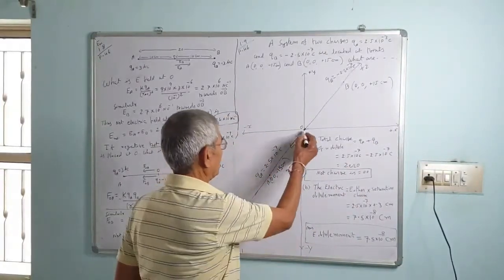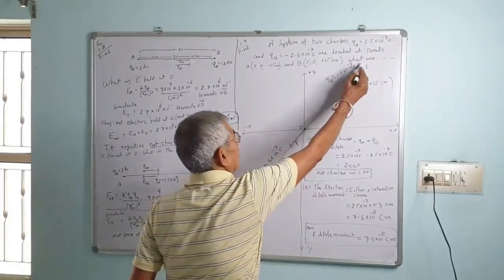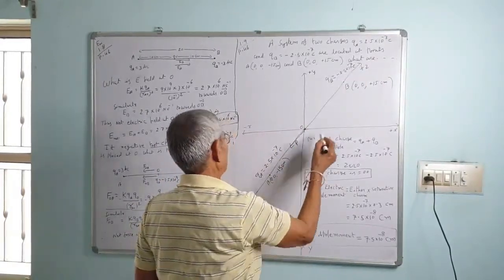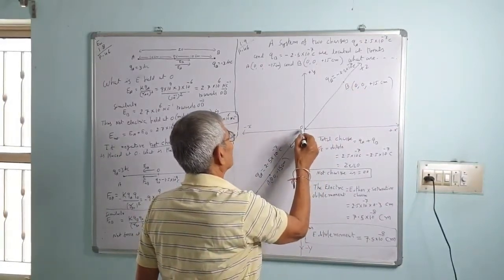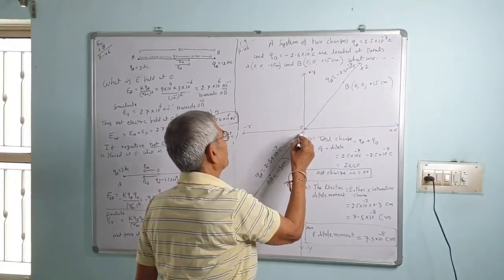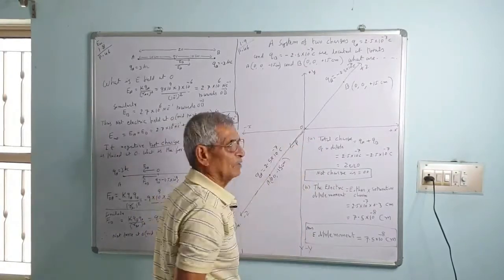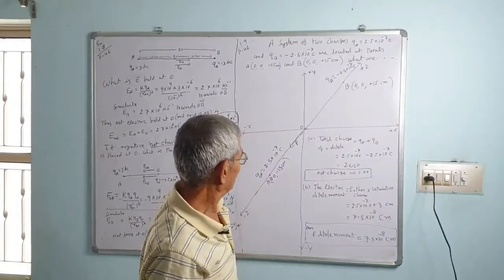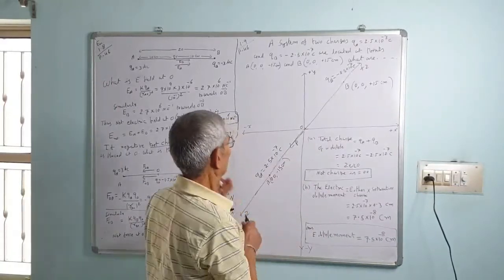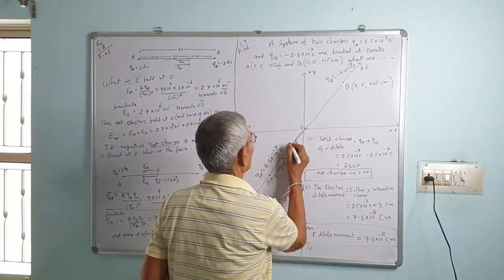The dipole moment is along the dipole axis. This BA is the dipole axis. The dipole moment is from the center O and represented by P, that is from the negative charge to the positive charge as shown in the figure. This is the direction of the dipole moment.